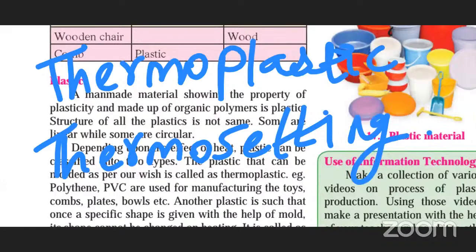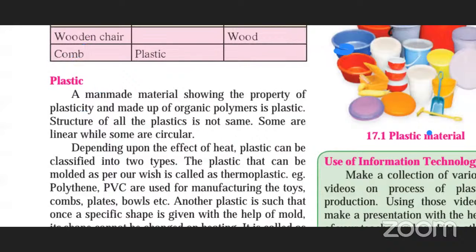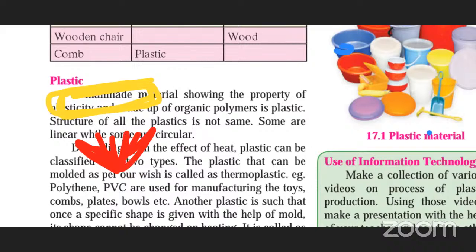Now what does this mean by thermoplastic and thermosetting? Okay, now take the example of any plastic material. Suppose you have a container of plastic and you are heating it.